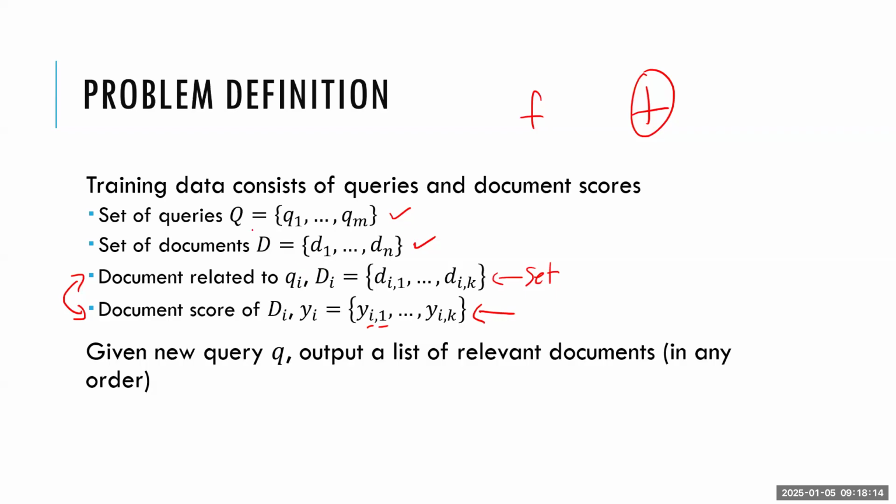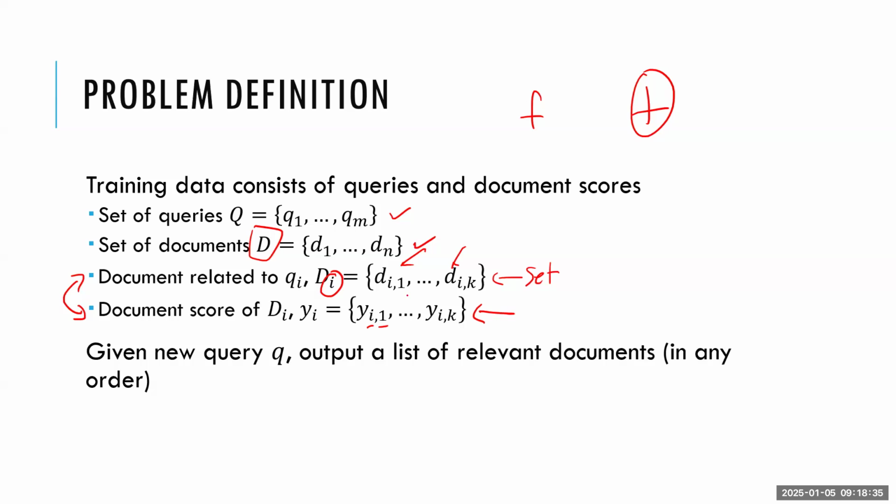D is just the set of all the documents, and if you subscript i, it's going to be a subset of D, and the members in the set will be related to query i.